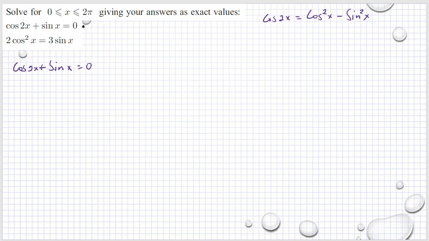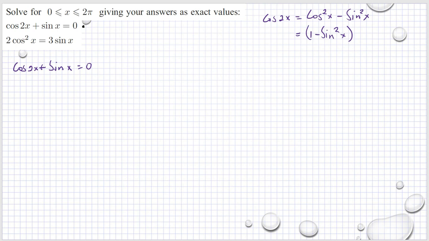Since I already have sine there, I can transform this cosine 2x into all sines. Then we have 1 minus sine squared x, that is for the cosine squared x.